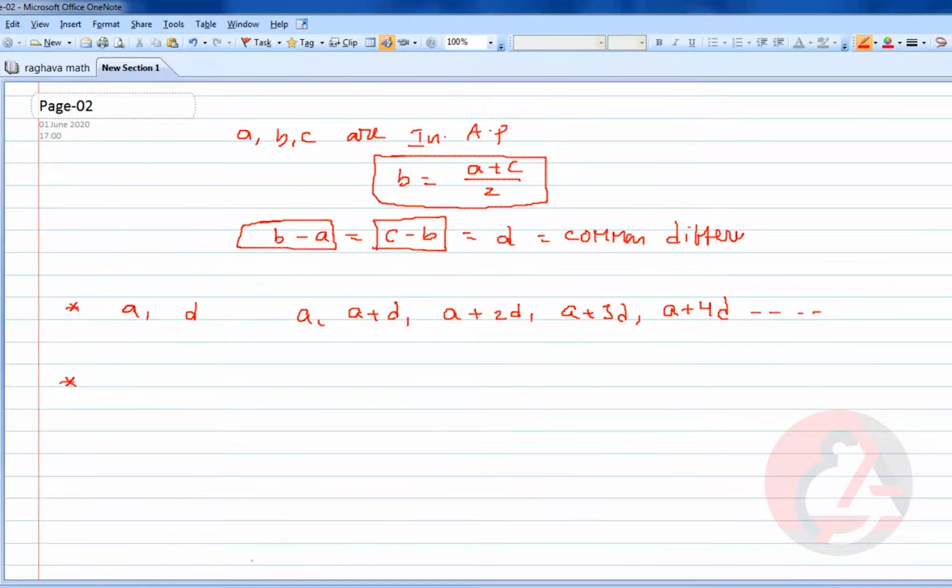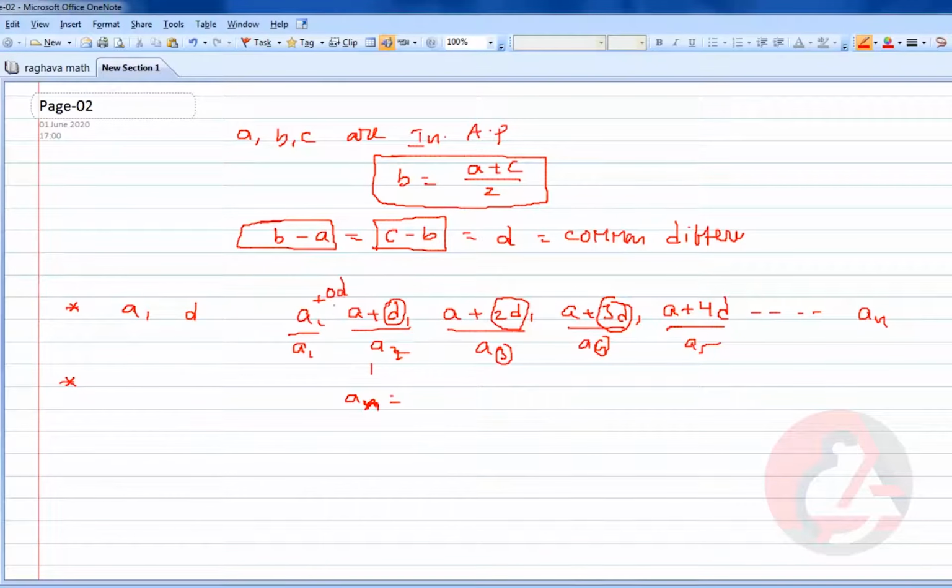Okay. See, now this is the first term called A1, A2, A3, A4, A5. Like this, if I want to write AN, what is the AN formula? What is the meaning of the nth term? See, based on this, you can write. If it is the second term, you are adding D one time. If it is the third, you are adding D two times. If it is the fourth, you are adding D three times, because D starts with 0 times.